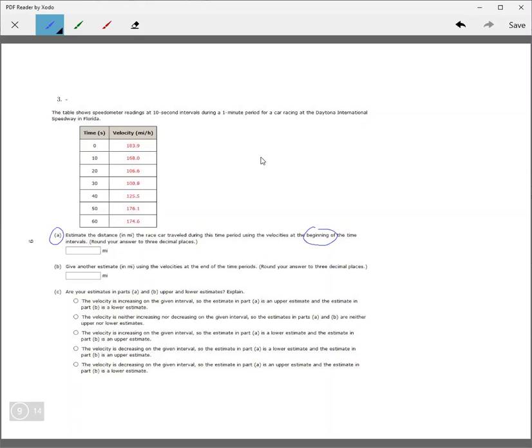So what I'm going to do is add up all of these right here. The answer is going to be, you add up all these.